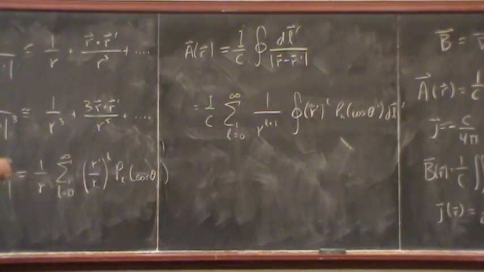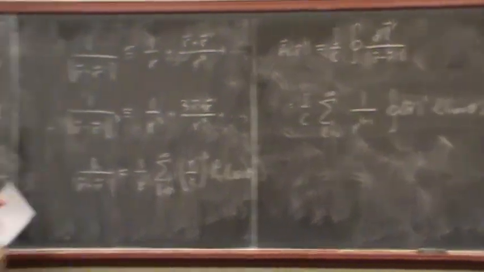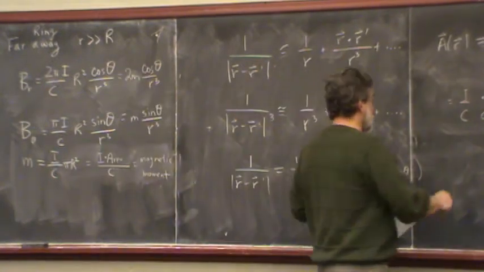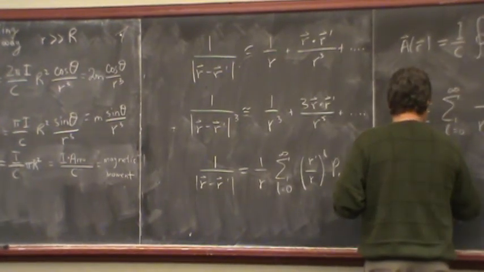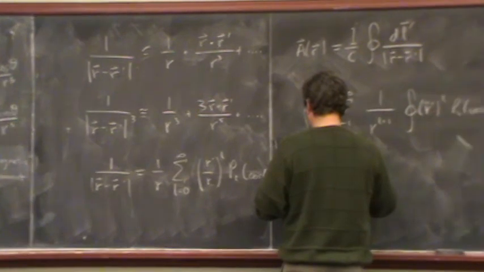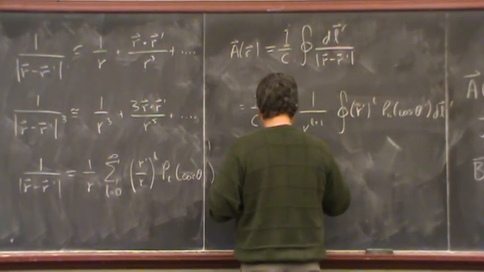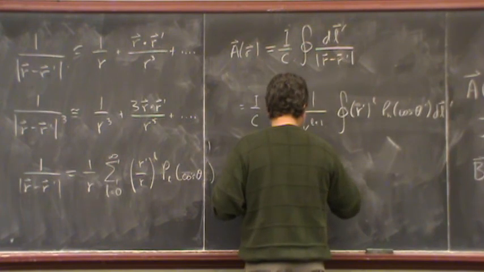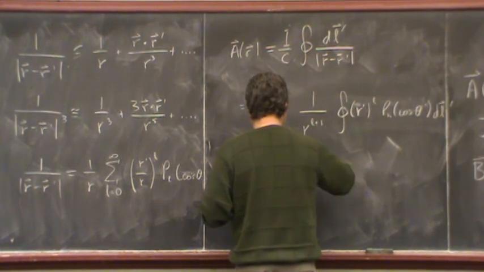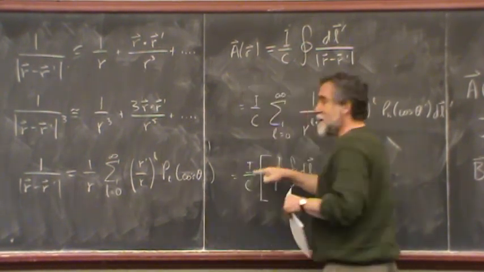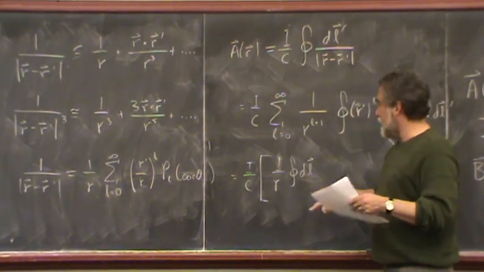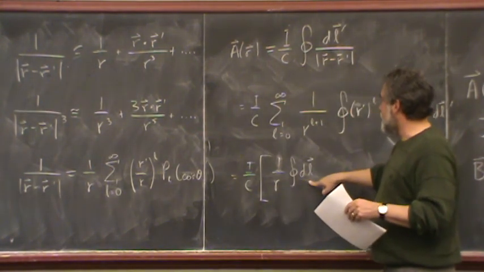Okay, so now back to here. So this looks like I over c. Let me write out a couple of terms. I over c times 1 over r, integral over the path.